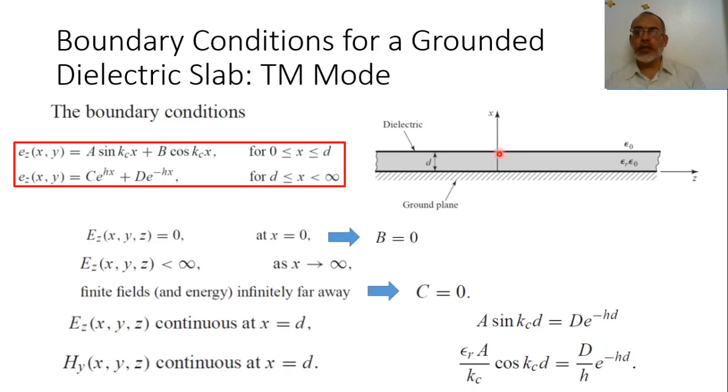And the tangential magnetic field in the present case is Hy. And Hy can be obtained from Ez by differentiating Ez with respect to x. So Hy is proportional to partial Ez by partial x.